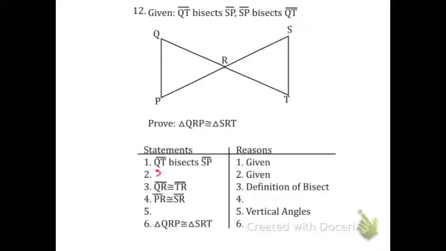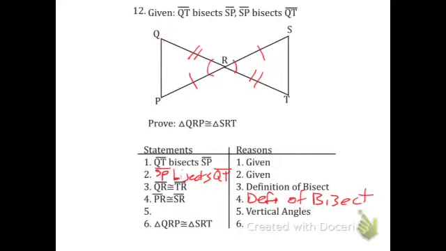And I'm going to put that here right now because it's not listed. So these two guys actually bisect each other. And so this is also the definition of bisect. And so that's how we know those sides are congruent.